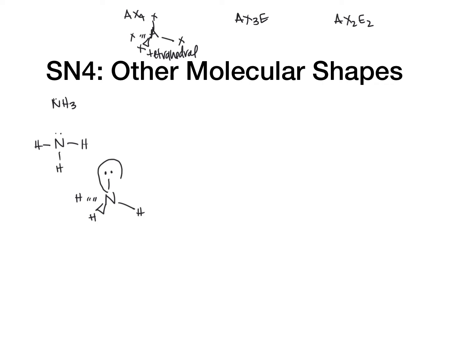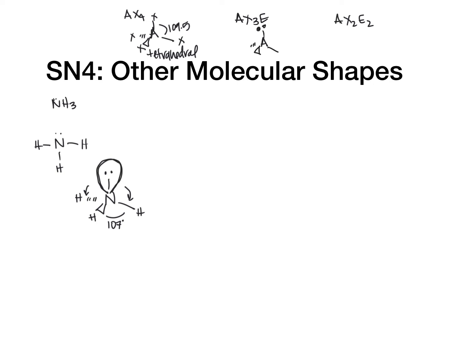It could be on any of them. If we imagine that this lone pair cloud is much bigger than a hydrogen atom, this is going to effectively push all of these down. And so we're going to see a contraction of this bond angle, where this has reduced to 107 compared to the tetrahedral of 109.5.